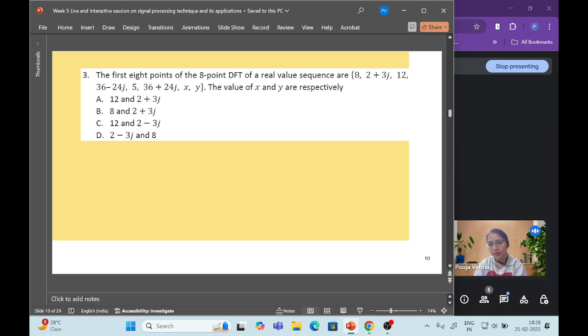Already we have solved this type of question in the previous week. Can you answer this question?